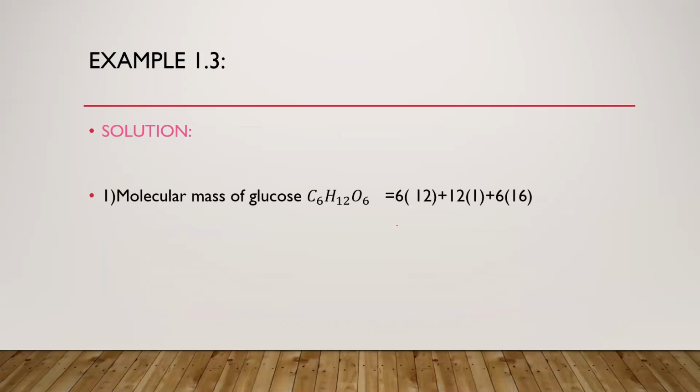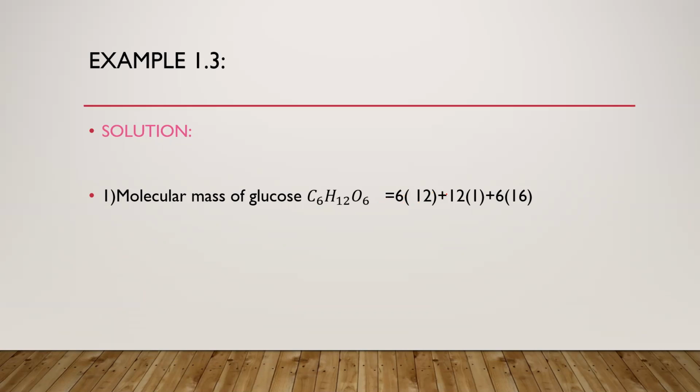Solution. Molecular mass of glucose, which is C6H12O6, is equal to 6, the number of carbon, multiplied by 12, which is the mass of carbon.